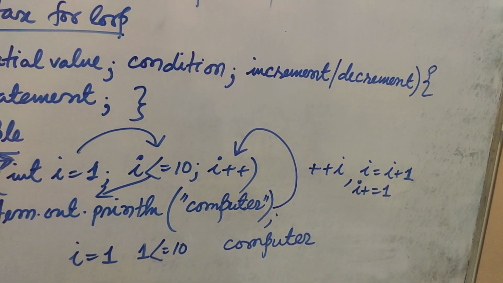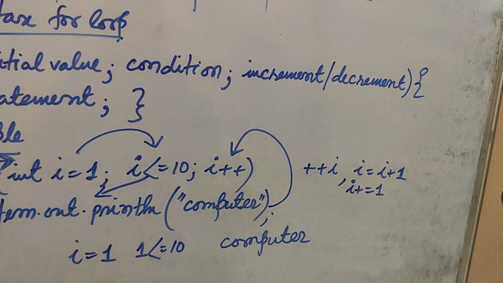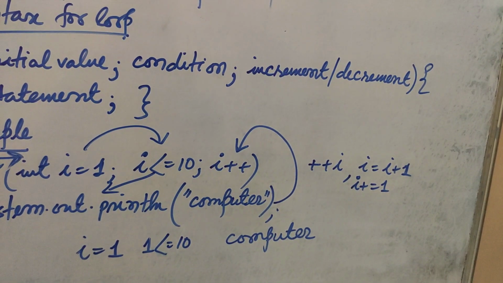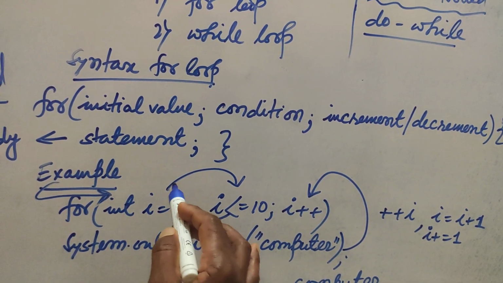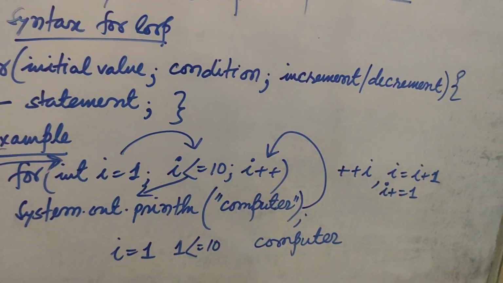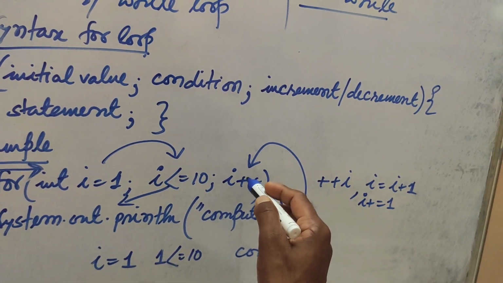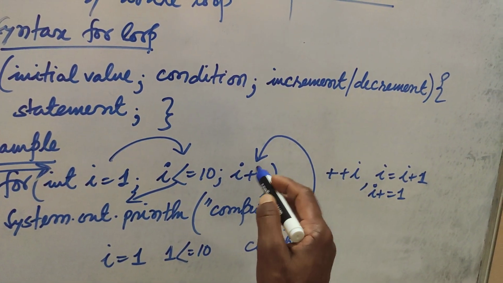I plus plus means the value of I will be increased in the memory by 1. The value of I was in the memory 1. Now it will change. Now the value of I will be 2.